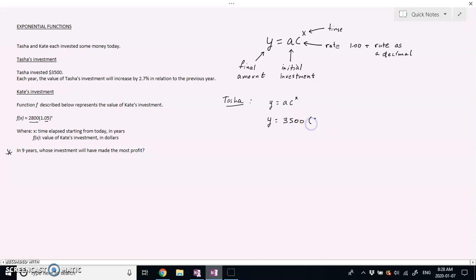And I'm going to put 1 point, and then I'm interested in the two decimal places after it. So if I put 1.02, that would just be a 2% investment, but I know that it's 2.7, so I can add any extra decimal places right after that. And I also know that the question's asking, how much money will I make in 9 years?